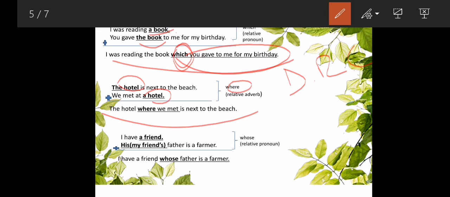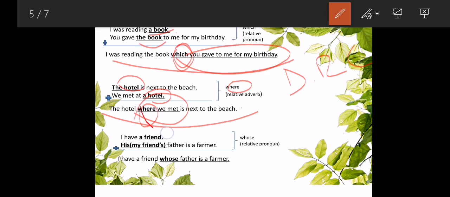We use where for places, right? And a hotel is a place. Look at the last sentence. The hotel where we met is next to the beach. In this sentence, where is our relative adverb, and where we met is our defining relative clause.